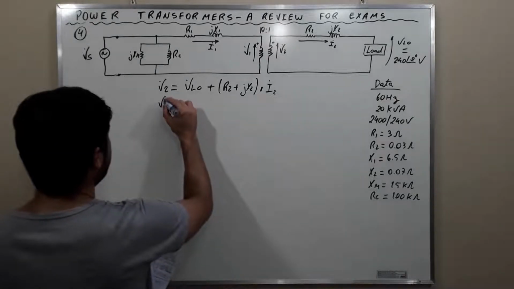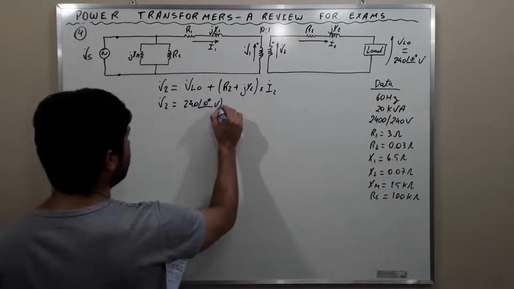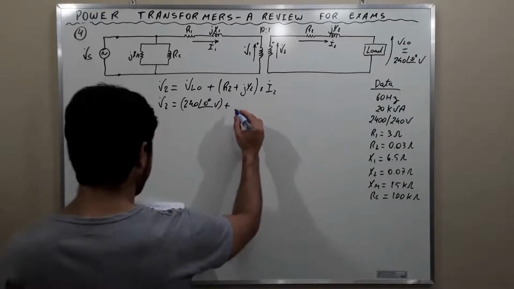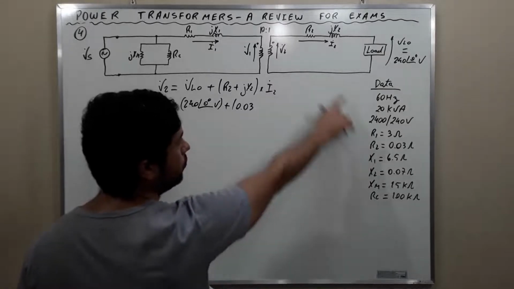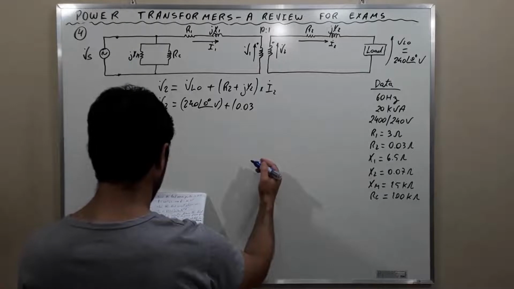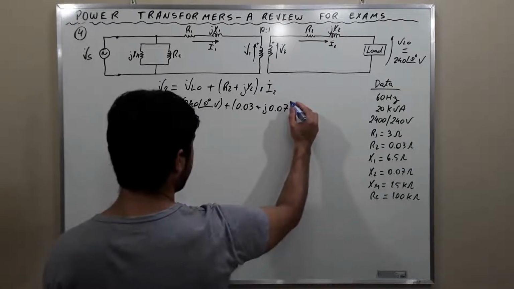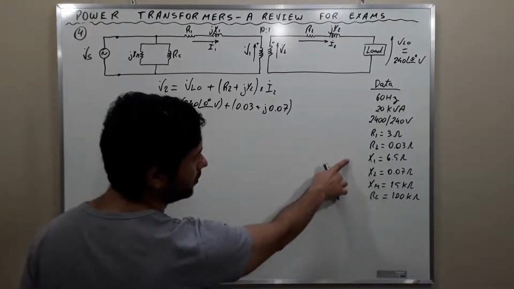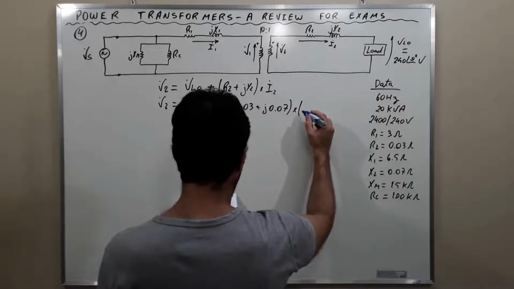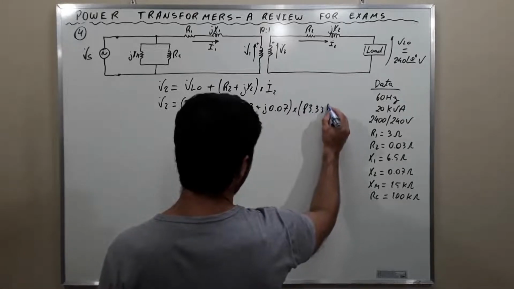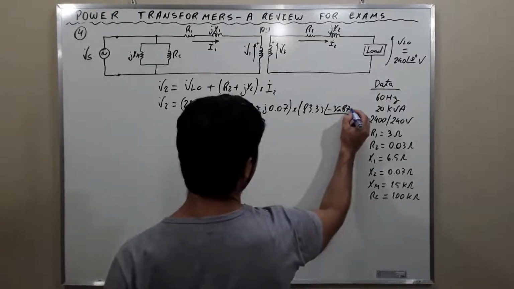V2 is then equal to 240 phase 0 degrees volts plus (0.03 R2 plus j0.07, this reactance) times the current, 83.33 phase negative 36.87 degrees.